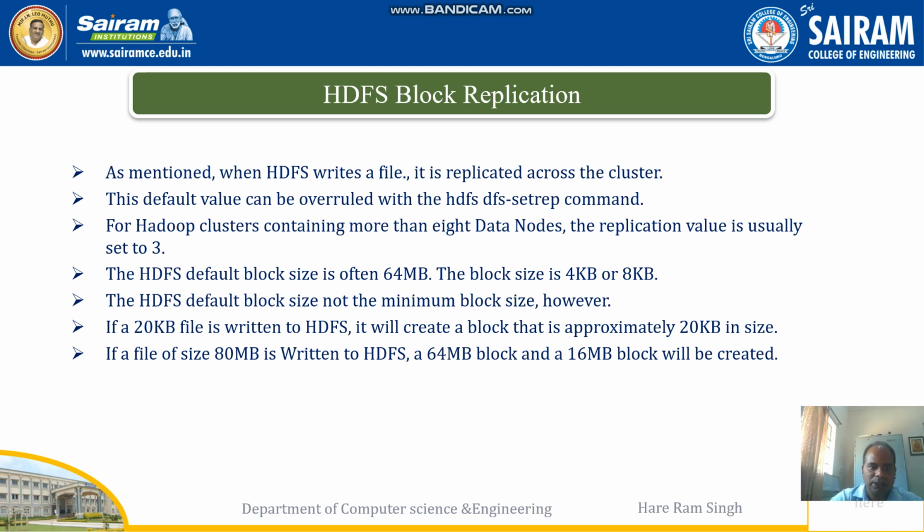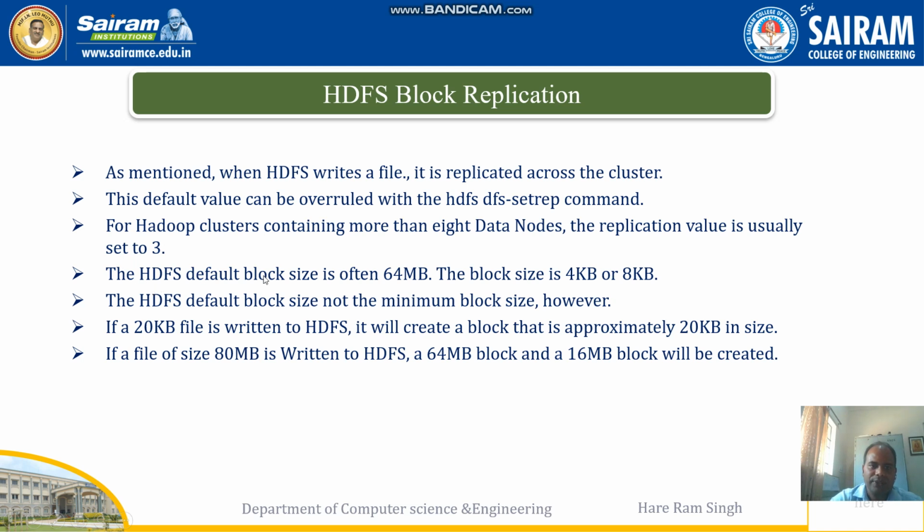For Hadoop clusters containing more than 8 data nodes, the replication value is usually set to 3. If there are 8 or more data nodes in the cluster, then the replication number will be 3.